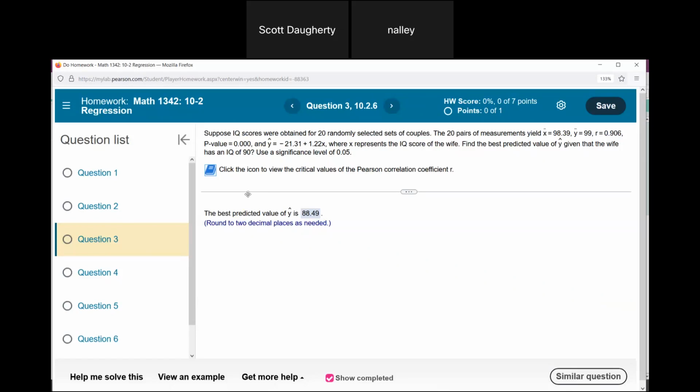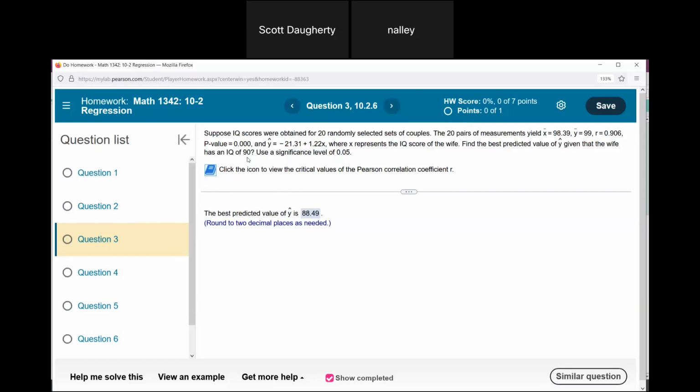So I would be cautious about plugging 90 into the regression line if the 90 is not within the range of x values in your sample, because then you're doing extrapolation. You're assuming that this line continues to describe the behavior of the data, even though this number is no longer within the range of x values from your sample data.